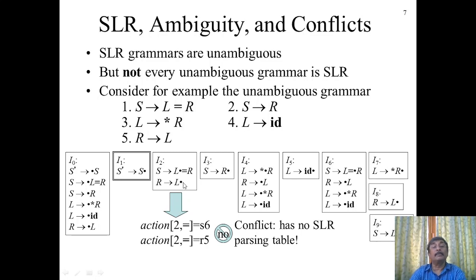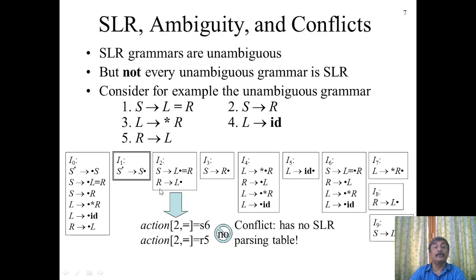None of these items has the dot preceding any non-terminal, and therefore its closure basically means only these two items and nothing else. Now, if you closely look into this item, you'll find out in the parsing table, in the column for this input symbol, this item will tell you to shift. To which state is a different question, forget about that, but it will ask you to shift.